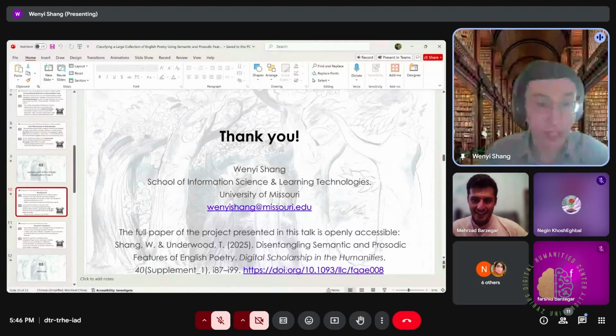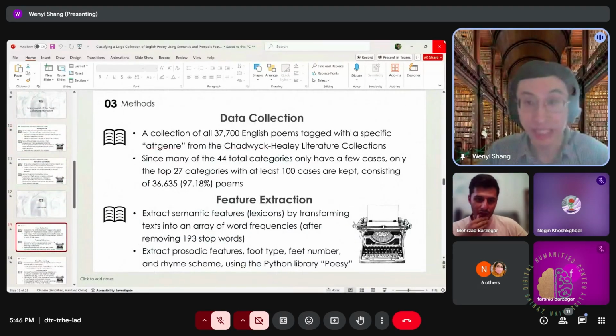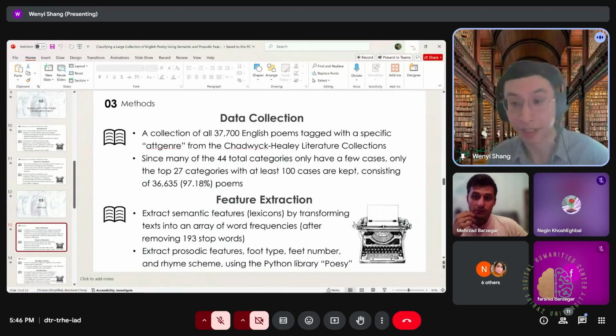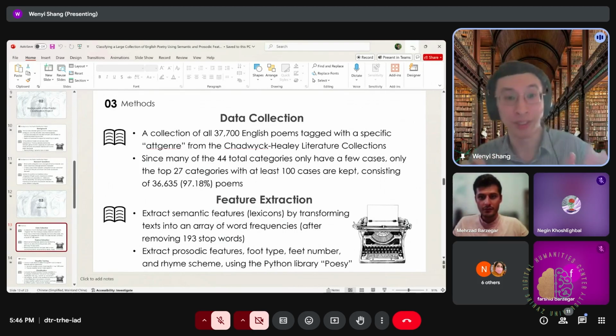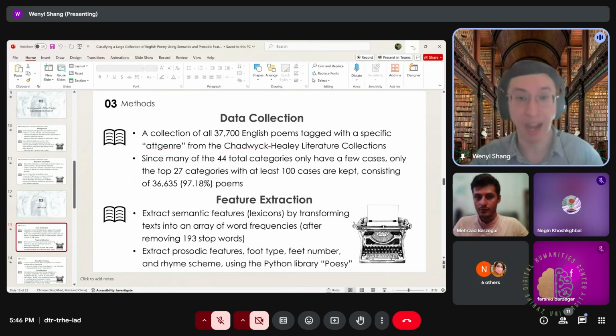That is also a great question. I mentioned in the data collection part that we use the collection from the tagging of Chadwyck-Healey literary collections. For sure, 38,000 English poems is a large number compared to traditional methods that would analyze a small sample of cases. But of course, they are all somehow canonical.